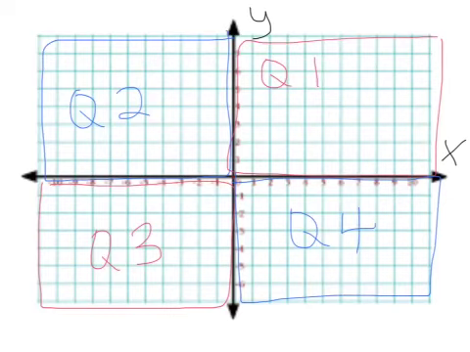The first quadrant is where most of your data lies, where we like numbers because positive numbers go in quadrant 1. But the other quadrants are important as well. So quadrant 1, 2, 3, and 4.